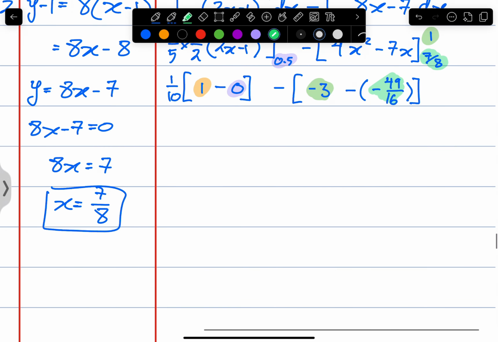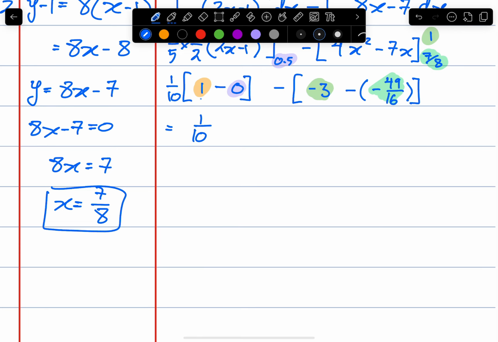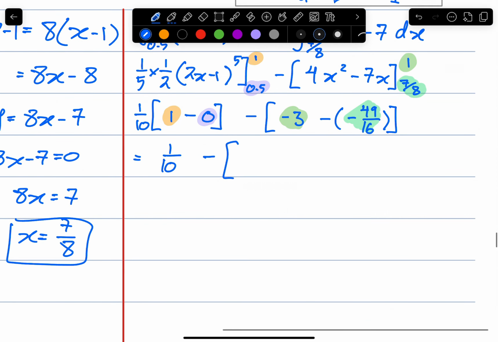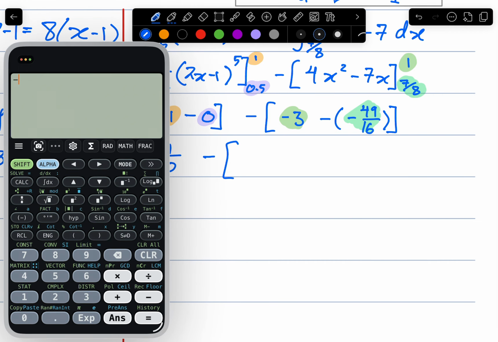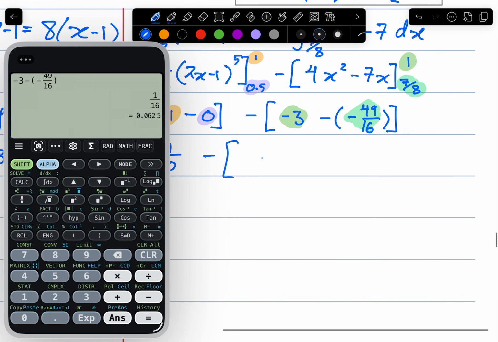And then calculating everything still the same: 1/10 minus, again not taking any chances on this one, negative 3 minus negative 49 on 16. This gives me positive 1/16.